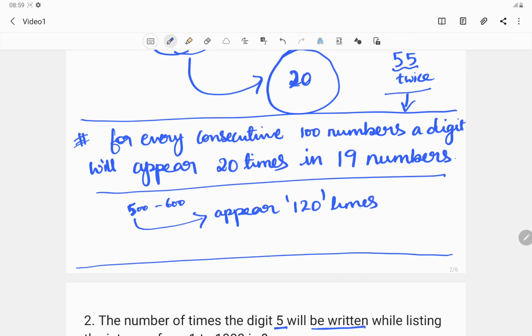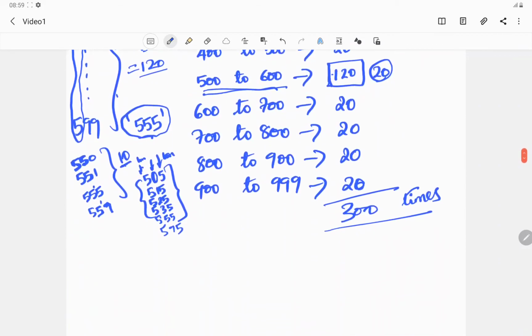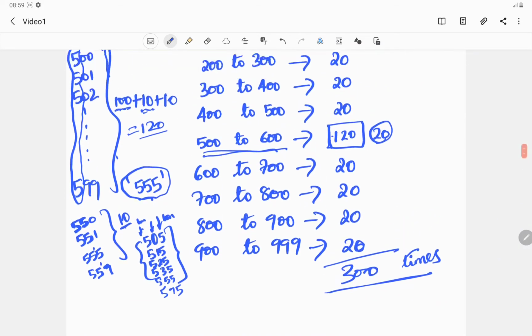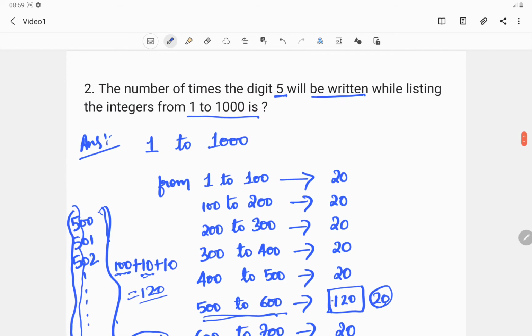And why it will appear 120 times, we have already discussed here. So it will appear 300 times. So this is the shortest possible way to solve this question.